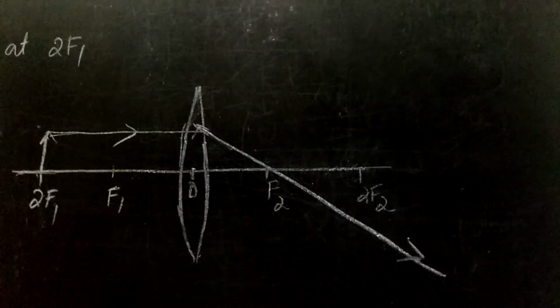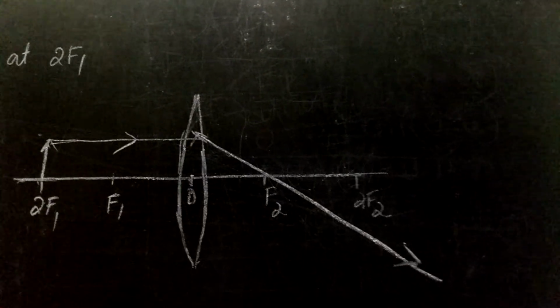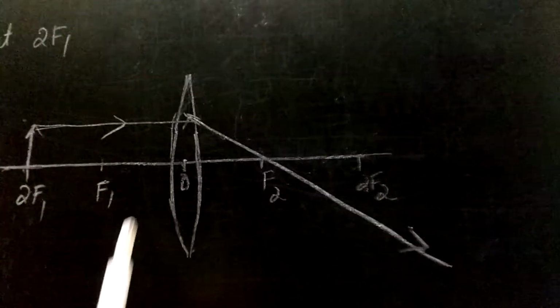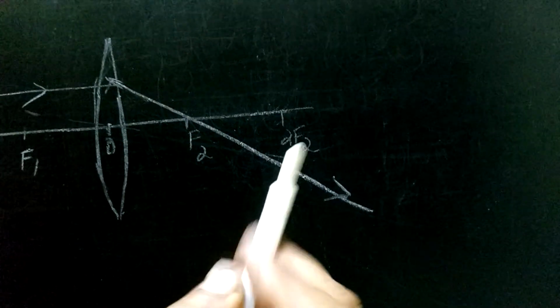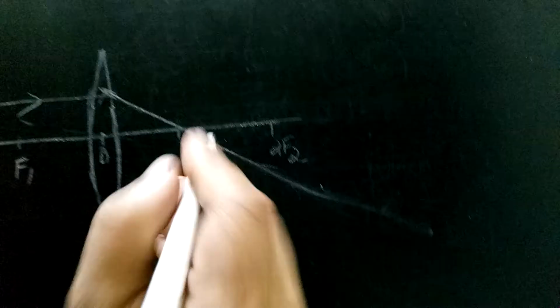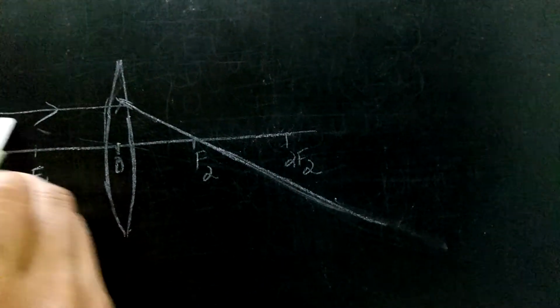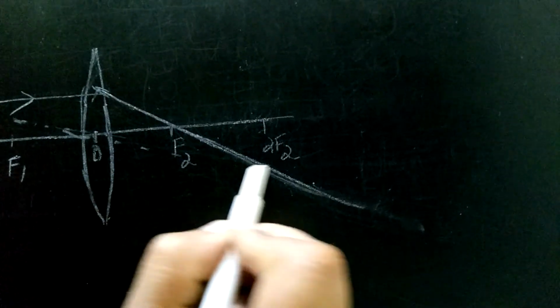So the first light ray parallel to the principal axis falls on a convex lens. After refraction it passes through the principal focus. For the next light ray, you have to take the correct measurement, then only you will get the image at 2F2.